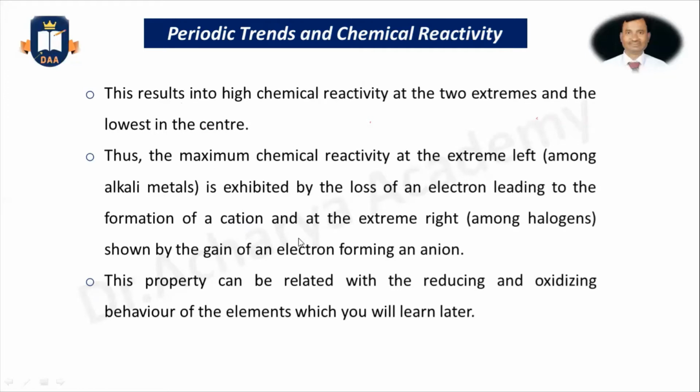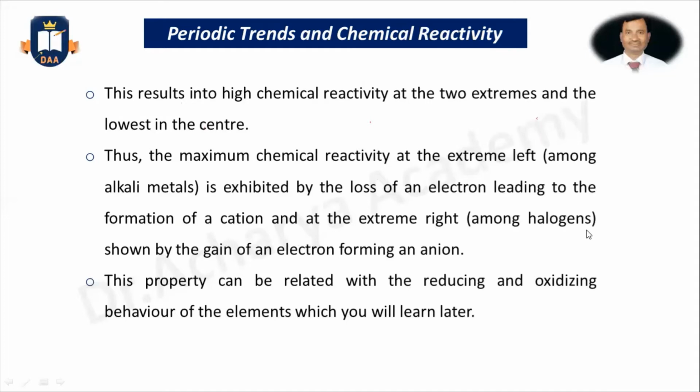On the right side, as for example chlorine, in general group number 17 is the halogen group. The outer shell electron number is 7.